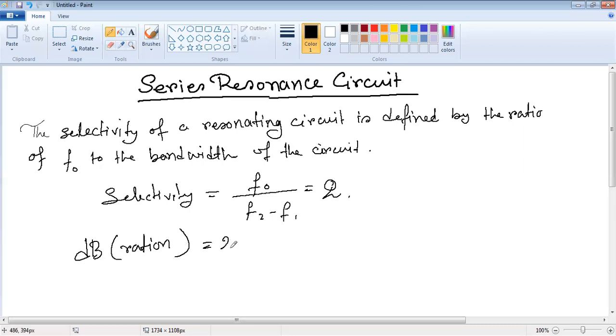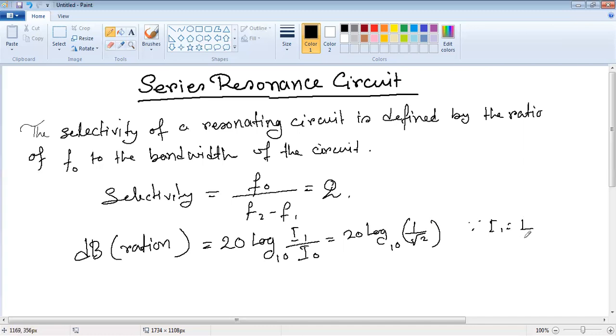It means 20 log base 10 of I1 by I0, or 20 log base 10 of 1 by root 2, because I1 is 1 by root 2 into I0.